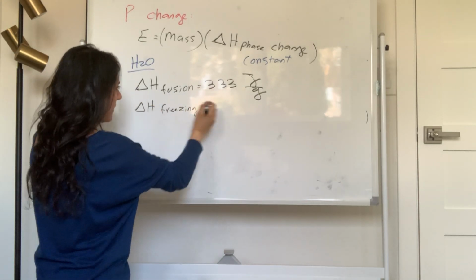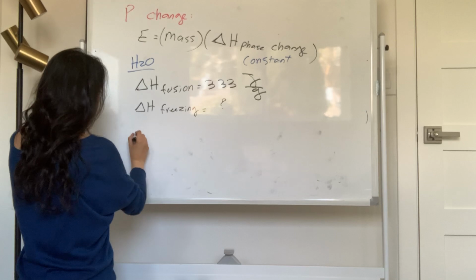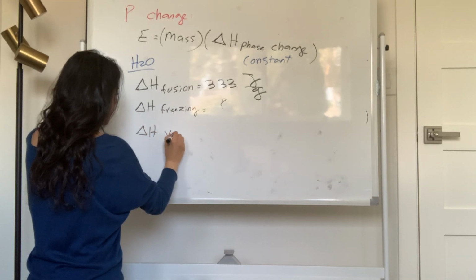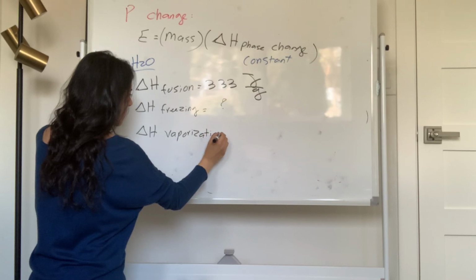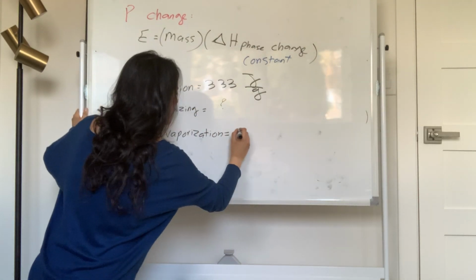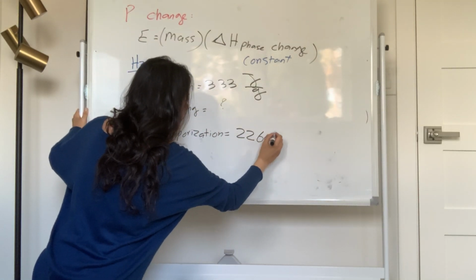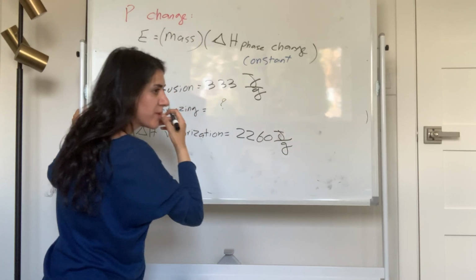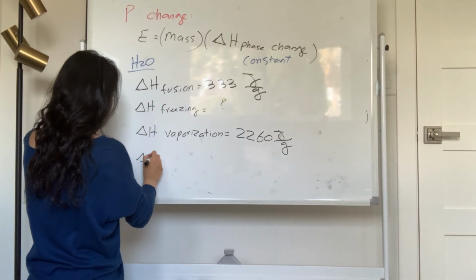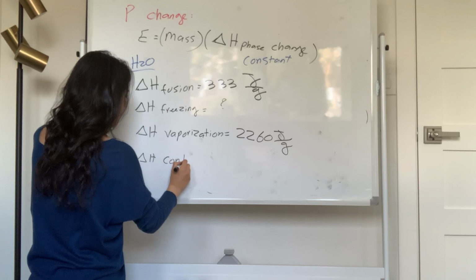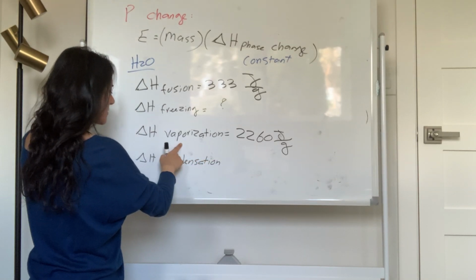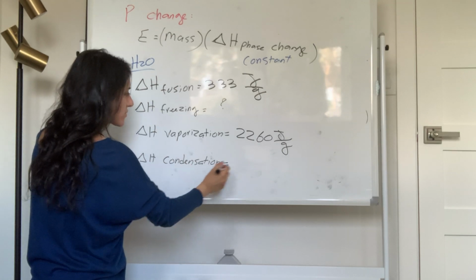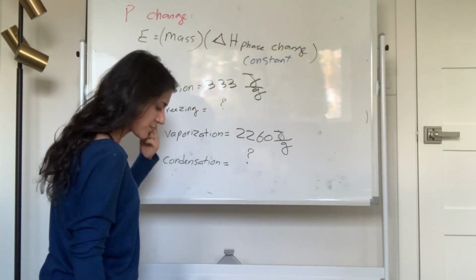I'm not going to give you that number. Then is delta H of vaporization. Go to that chart at the beginning so you know what's going on. And that one was 2260 joules per gram. The opposite of vaporization was condensation, right? Vaporization, liquid to gas. Condensation is gas to liquid. I'm not going to give it to you.